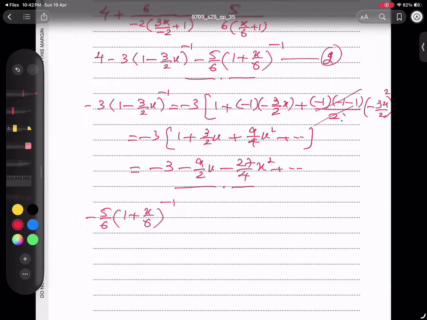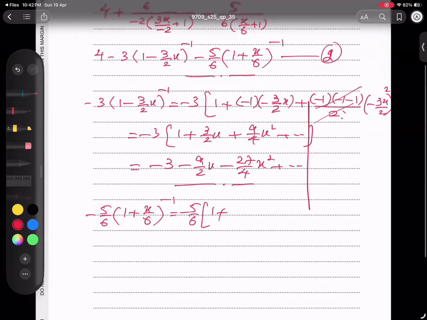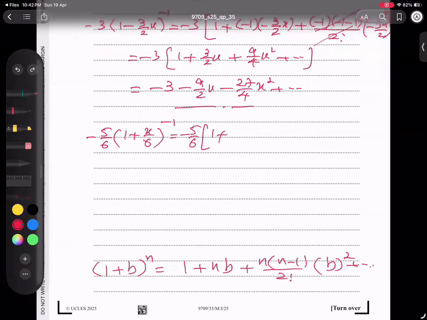Okay. Now applying here, negative 5 by 6 outside, 1 plus nb, and the same formula once again. n is negative 1 and b is x over 6, multiply them. So n minus 1 over 2 factorial into square of this. Okay.